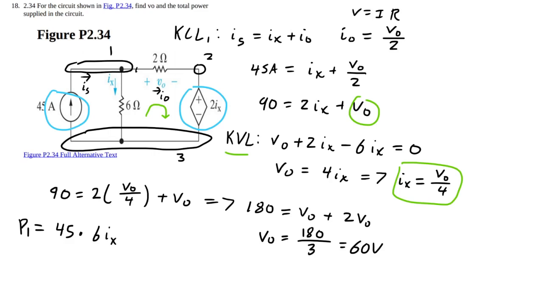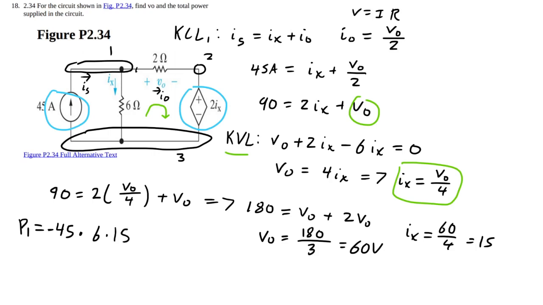And if we remember that IX expression over here, that means that IX is 15 amps. Because VO, let me just calculate that real quickly, 60 volts divided by 4 equals 15. So we can plug in 15 over here.